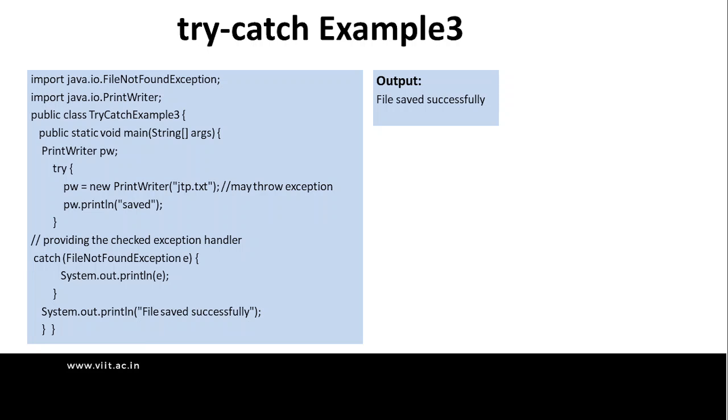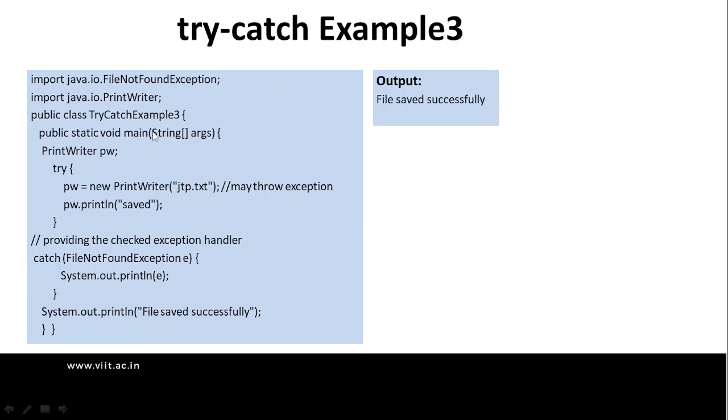Using PrintWriter, new PrintWriter, and in PrintWriter jtp.txt, this file we are trying to read, pw.println saved. This provides the checking of the exception handling, and in this case FileNotFoundException may occur, and after that your file will get successfully saved if you handle it properly.